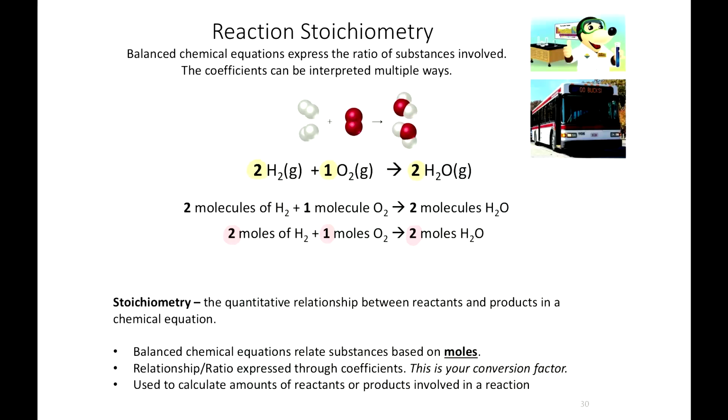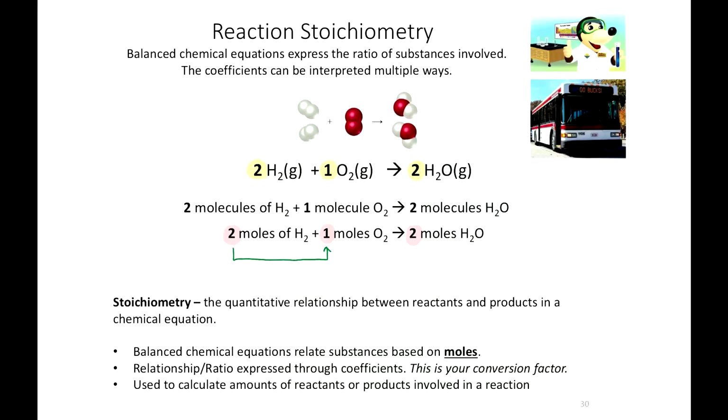And what we'll learn here is that these coefficients are also conversion factors that we can use in dimensional analysis. There's a picture of a bus here, because I always say the coefficients of a balanced chemical reaction are the ticket to ride the bus of the chemical reaction. Actually, I misspoke.